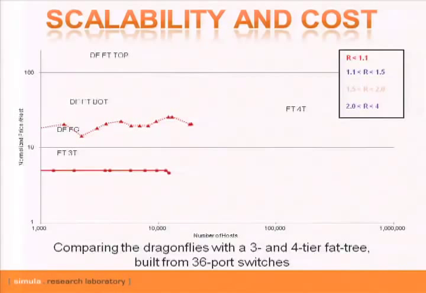We see the cost is quite constant. It doesn't scale, and is a bit less than the Dragonfly. But note here that the cost of the 3-level fat tree is on average 5 times less than the Dragonfly. I should have said that the axes here are in a logarithmic scale.